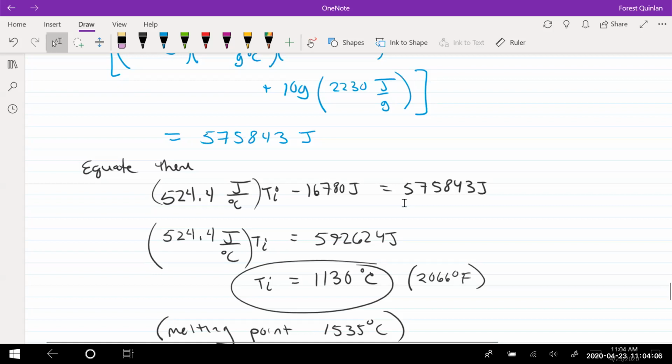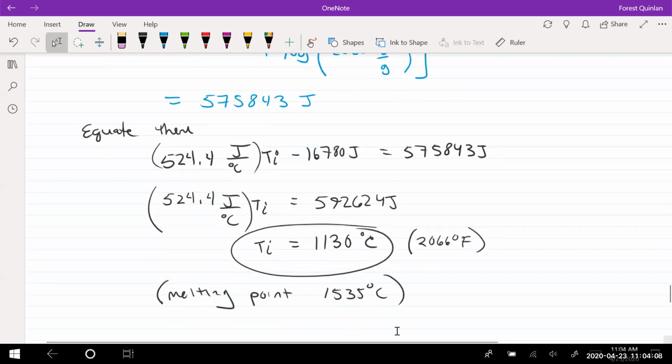Okay. I just wanted to point out that this 1130 Celsius is actually a reasonable number here because the melting point happens to be 1500 C. And it turns out, if I'm not mistaken, we should be at about 2/3 of the melting point. So 1130 divided by 1535, about 75%.